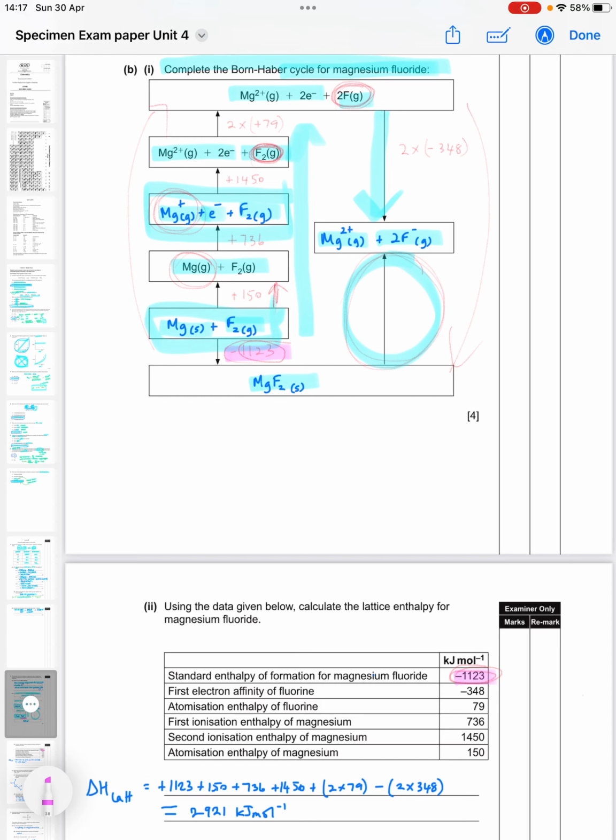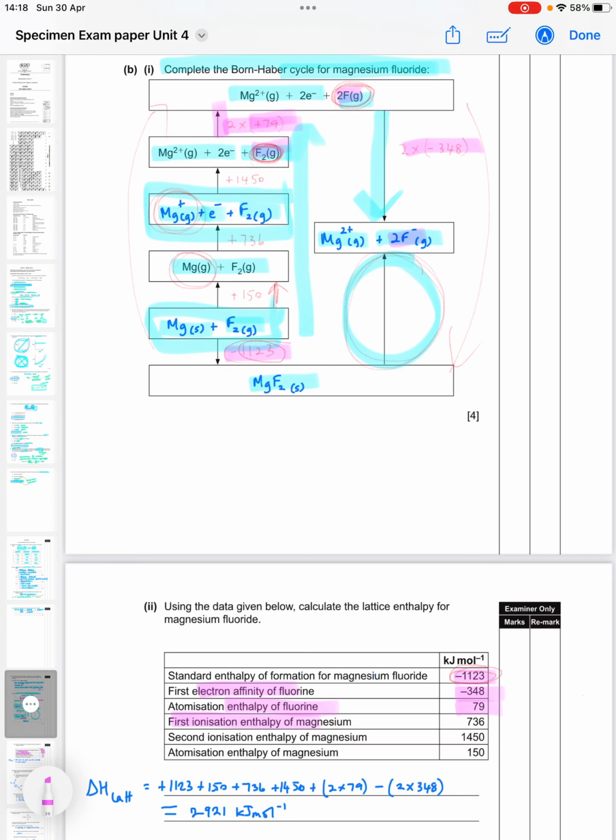So that's the value there, the minus 1123. Then just plugging in the other ones in the order they're in the table. The first electron affinity for fluorine is here, and because there's 2 moles of fluorine ions being produced, it's 2 times minus 348. Atomization enthalpy for fluorine is here. Again, there's 2 moles of the atoms being produced, so it's 2 times 79.